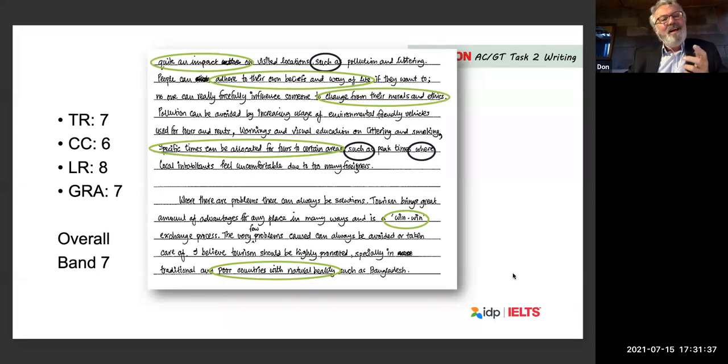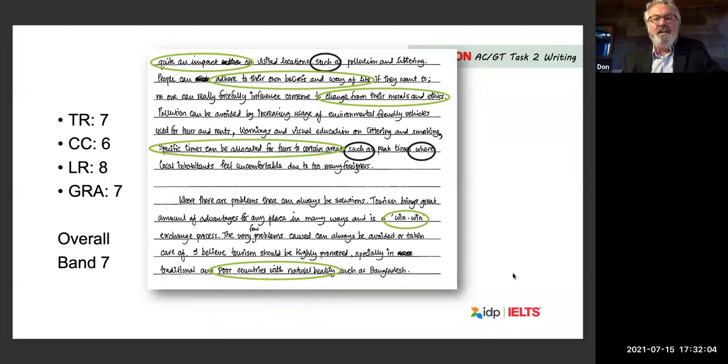Look at the good element in this essay, which is the Lexical Resource, LR, the vocabulary, and you can see that the words are very sophisticated. They are very natural. Quite an impact. Adhere to their own beliefs and way of life.